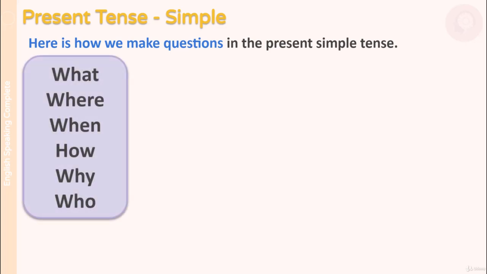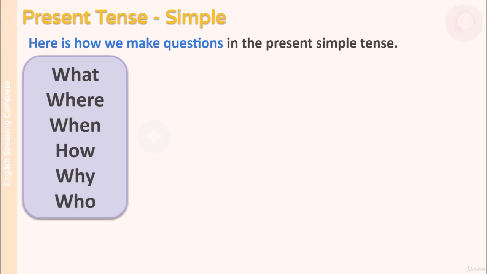So one of these words goes right at the start of our present simple tense questions. And the 6 W's are really important. We're going to be revisiting them a lot all the way throughout the course. And that is what, where, when, how, why, and who. They're really useful words in making questions.